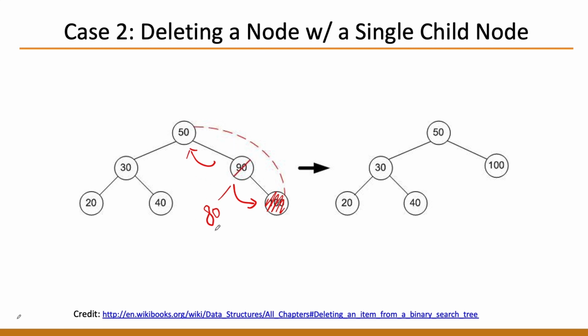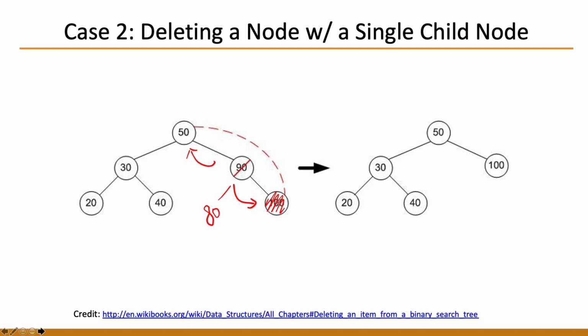So although this node can be on the left-hand side or the right-hand side, the value will still be greater than the root node. So the connection will not be an issue. Here you connect 100, here you connect 80. You will not violate the BST property. All right, so this is the case where you're deleting a node with a single child.